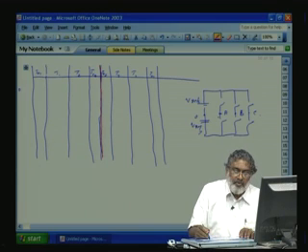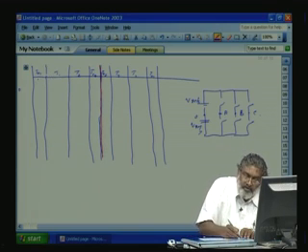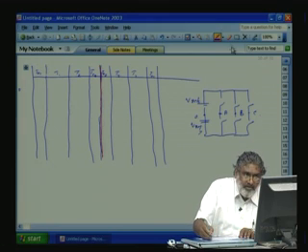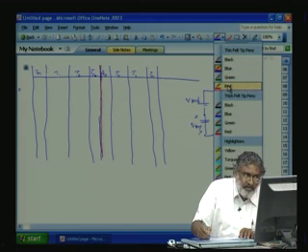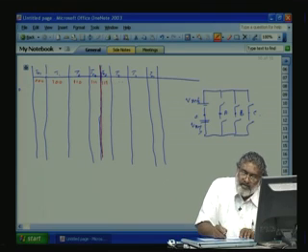Now let us take T0 is equal to, we know this period, we will write with a different color. T0 is equal to 0 0 0, this is 1 0 0, 1 1 0, 1 1 1. Then T2 is equal to 1 1 0, 1 0 0, 0 0 0.